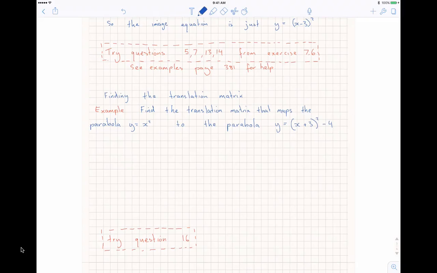You should remember that if we have some parabola in this form, called the turning point form, the h moves the parabola left or right, and the k moves the parabola up or down.